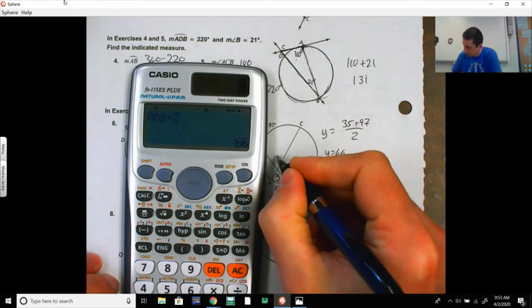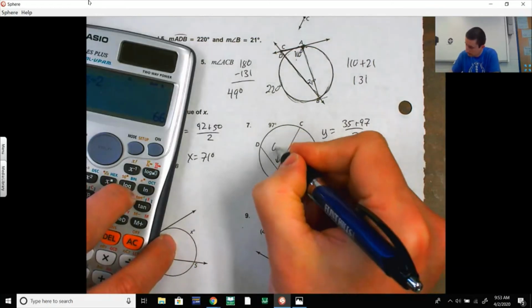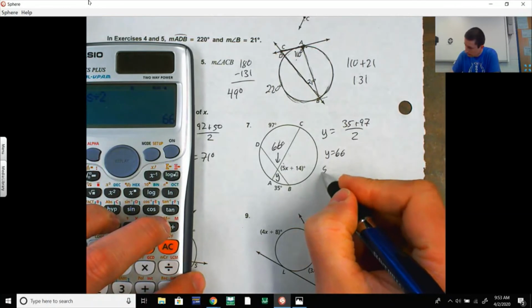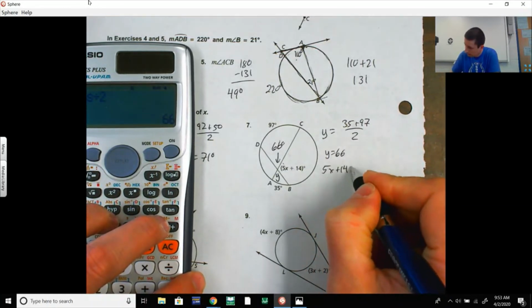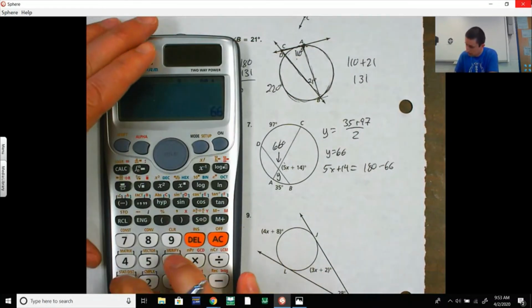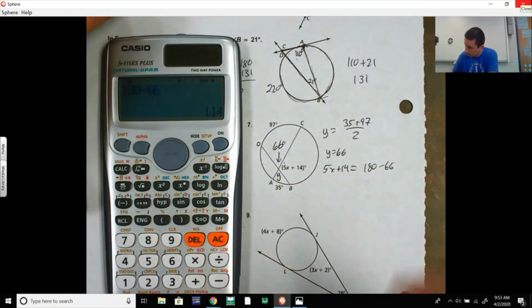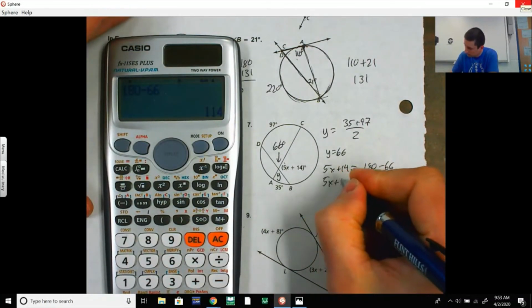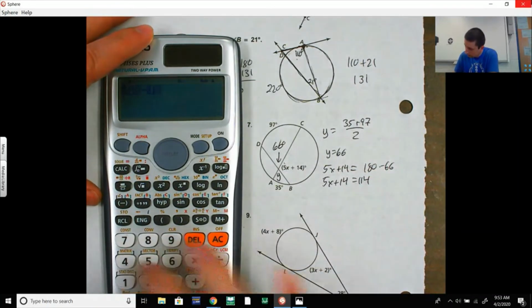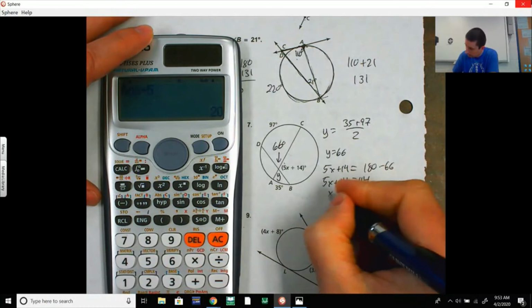So this angle here is 66 degrees, which means 5x plus 14 has to equal 180 minus 66. So 180 minus 66 is 114. So 5x plus 14 equals 114. Minus the 14 and divide by 5, you get x equals 20 on that one.